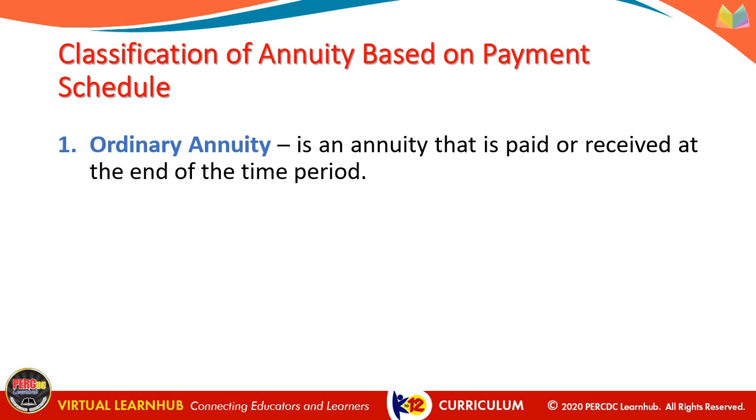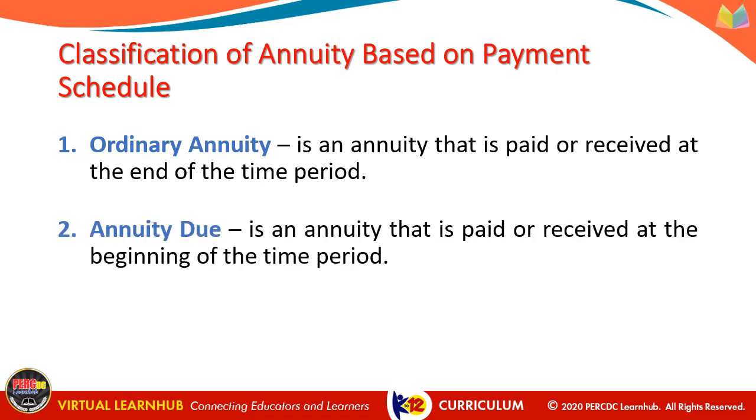Say for example, monthly salaries. Most of the working people receive their salaries at the end of the month, right? That is a fixed amount of money, which is the salary, being received regularly, which is every month. Well, of course, that is considering that there will be no deductions for tardiness or absences, right?